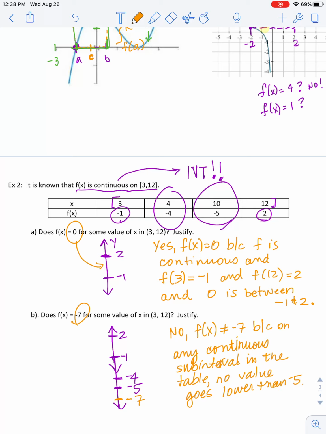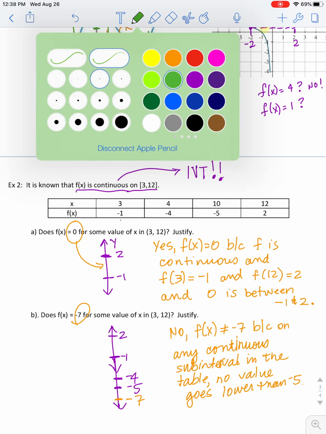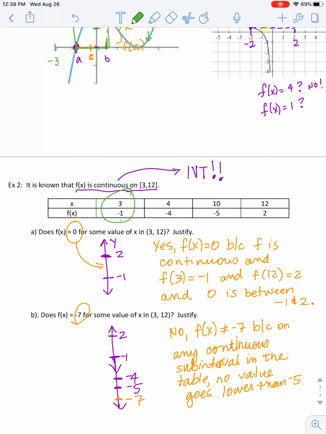We have continuous subintervals, and what I'm saying is that when I look at this table, I've got this subinterval. Nope. I've got this subinterval. So I know that it passes through all the values between -1 and -4, but only between the x values of 3 and 4.